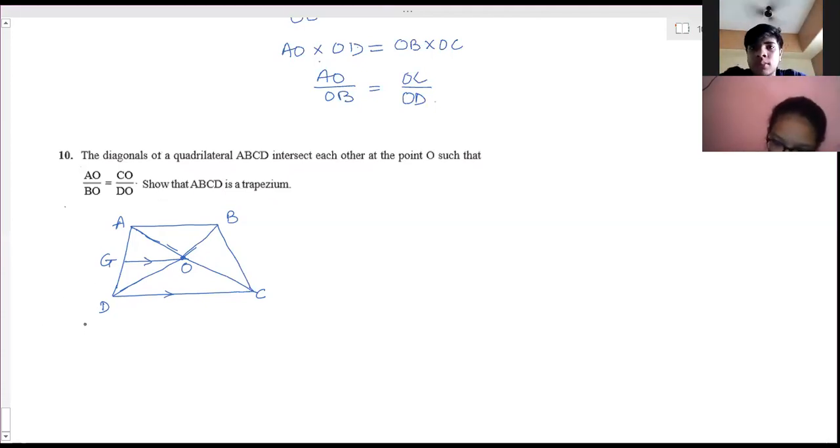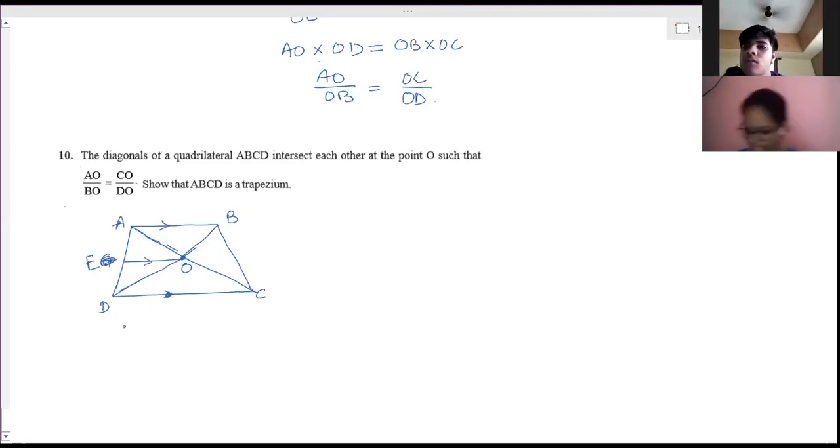Ma'am, I named it differently. I named it as EO. OG, I named it as OE actually, so it might get confused. Okay, ma'am. So for construction, I drew EO parallel to AB. Now proof.